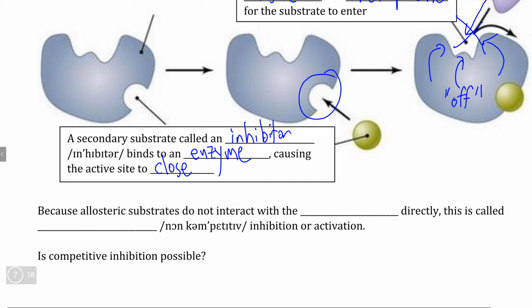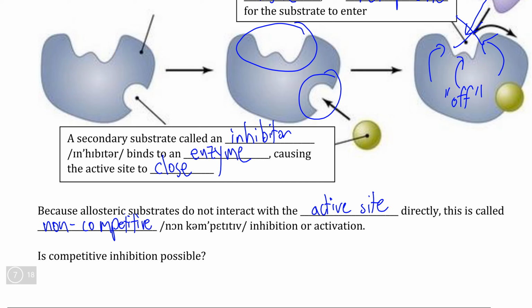Now, because an allosteric substrate does not actually enter the primary active site, meaning that it doesn't compete directly with the substrate in order for bonding to the same location, allosteric inhibition is what we call non-competitive inhibition.